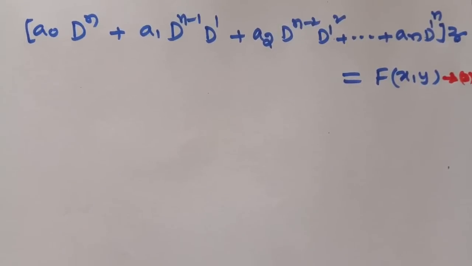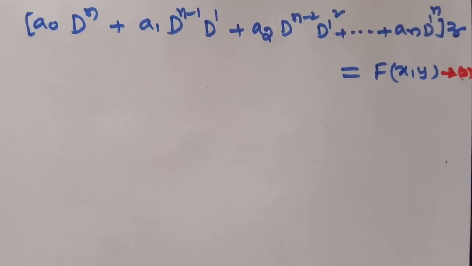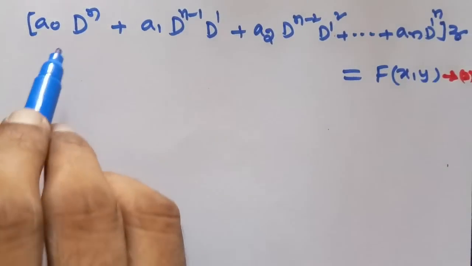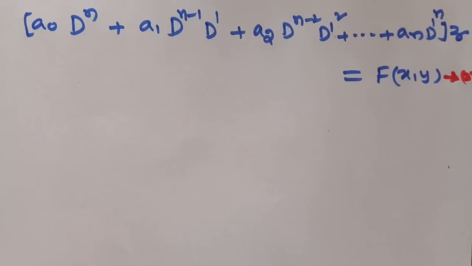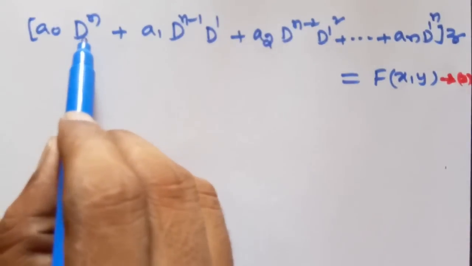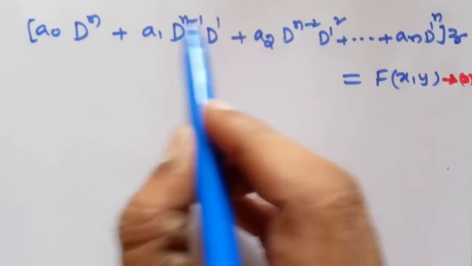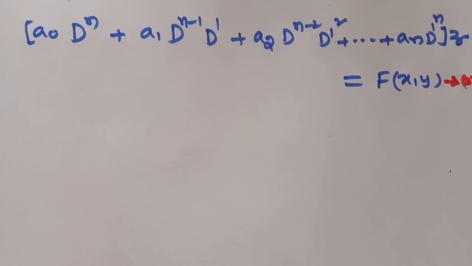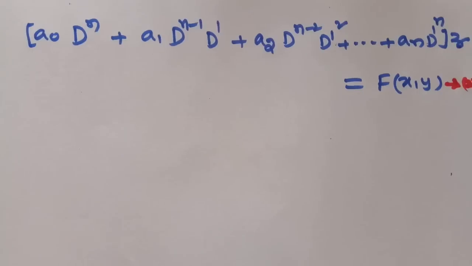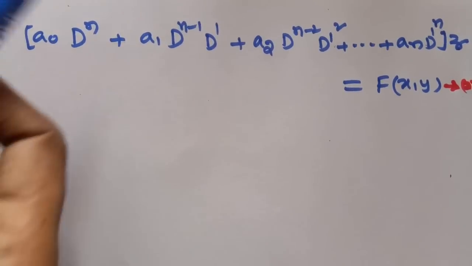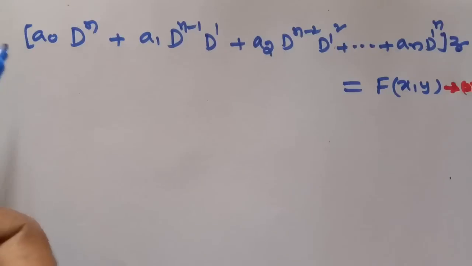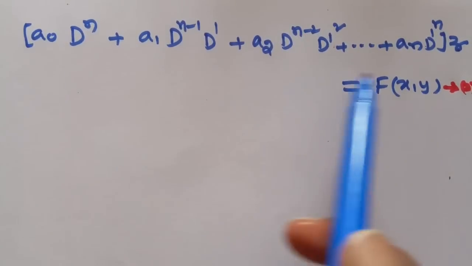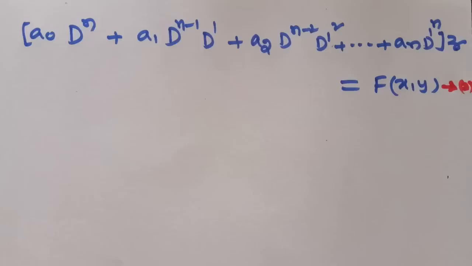where capital D stands for the operation of partial derivative with respect to x, and D dash stands for the operation of partial derivative with respect to y. So equation 1 becomes this symbolic form.